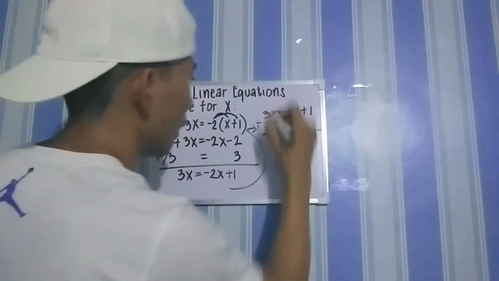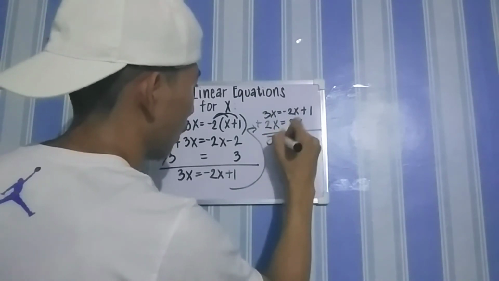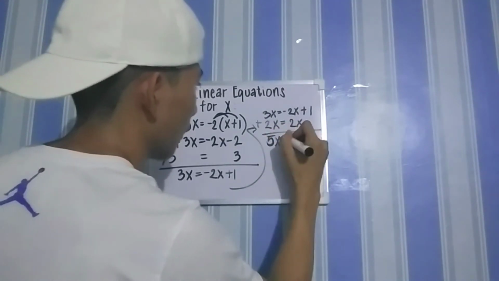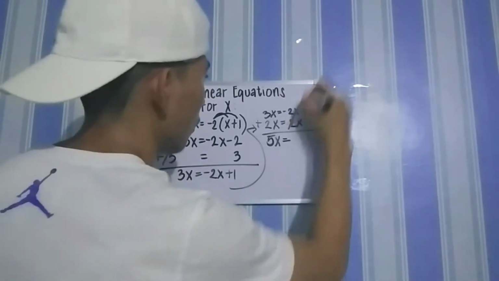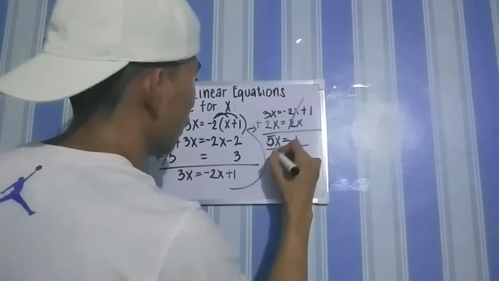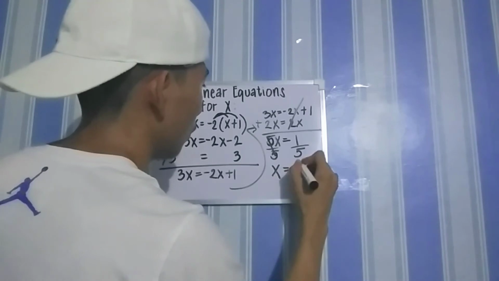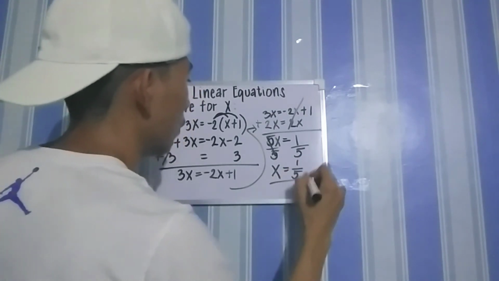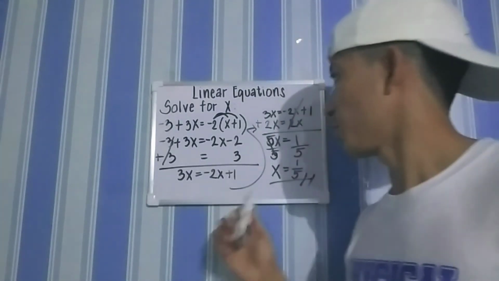So our equation will now become 3x plus 2x is equal to 5x equals to negative 2x plus 2x is equal to 0 plus 1. So our x is equal to, dividing both sides by 5, our x is equal to 1/5 or 1 over 5. That's the answer for x for this problem. So next problem.